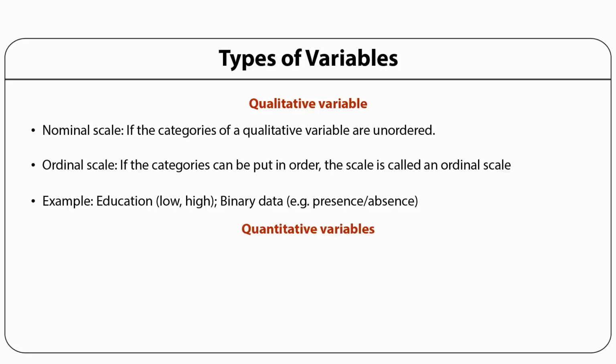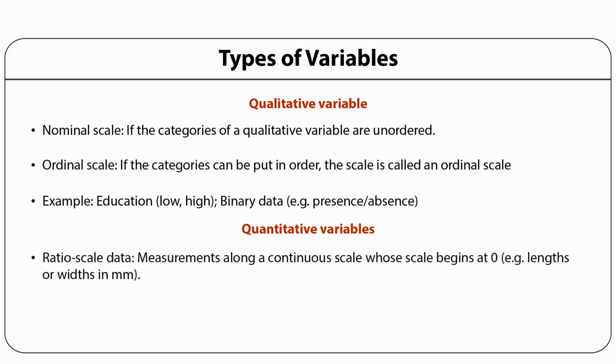In the quantitative variable, you can get ratio scale data, like measurement along a continuous scale where you can begin from zero, that is, your usage can be zero for a book, or maybe 50 or 100 for that particular book, or maybe something different. So your data can even have a zero value.